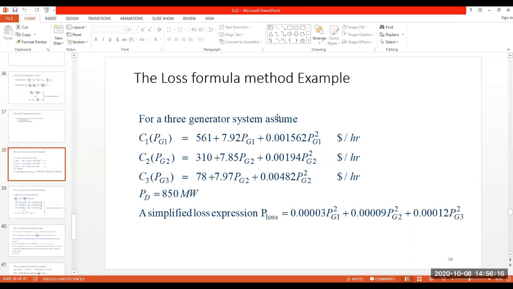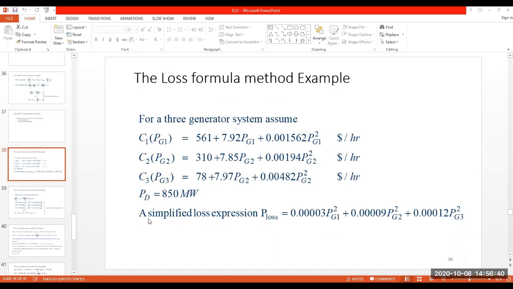So let's take an example. For a 3-generator system, we have 3 units available. These are the cost functions in the form of alpha i plus beta i PGi plus gamma i PGi square. You have the total demand, 850 megawatts.